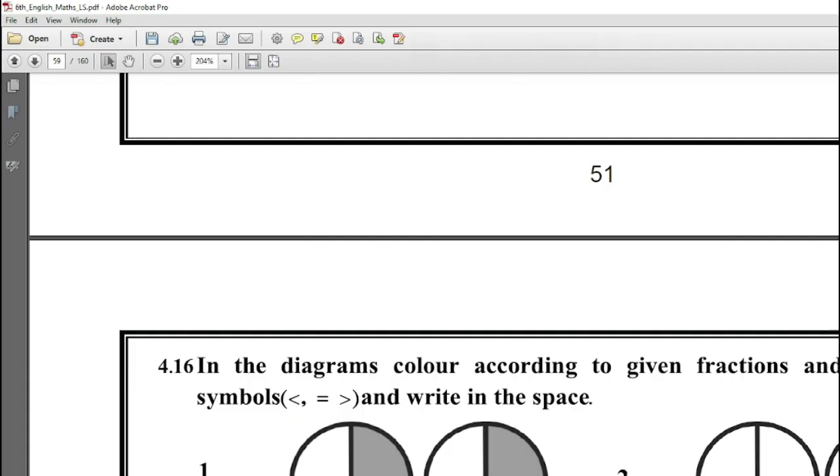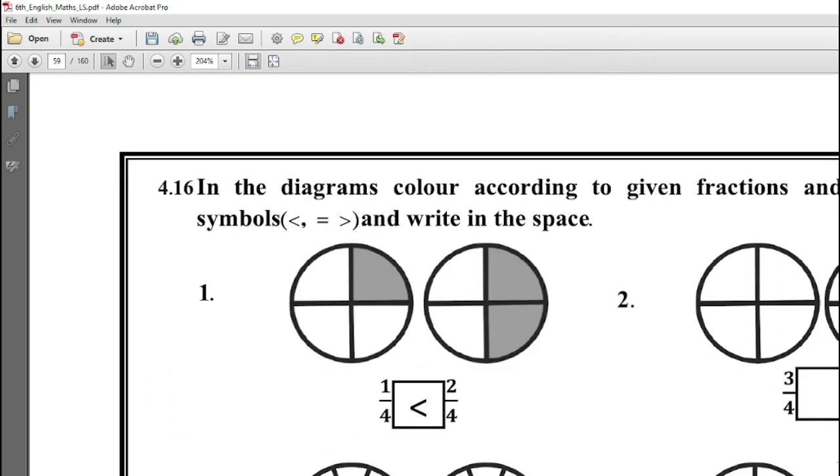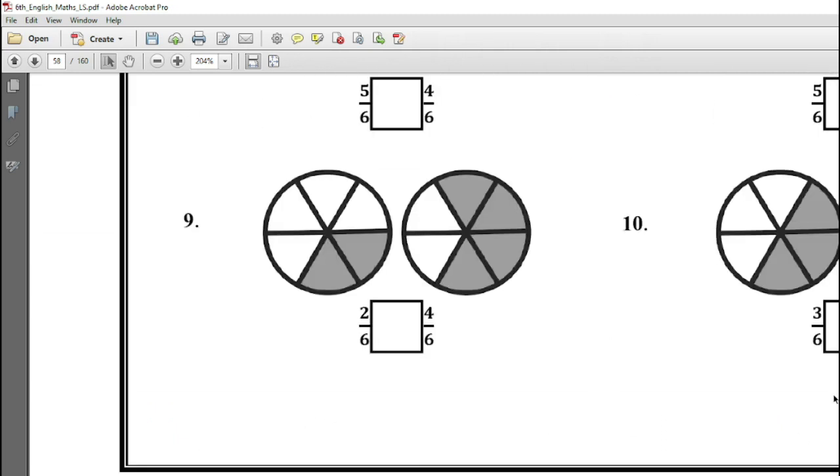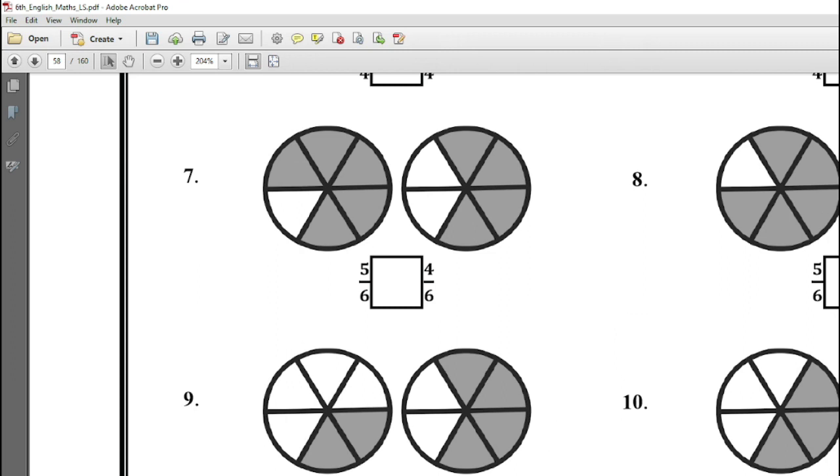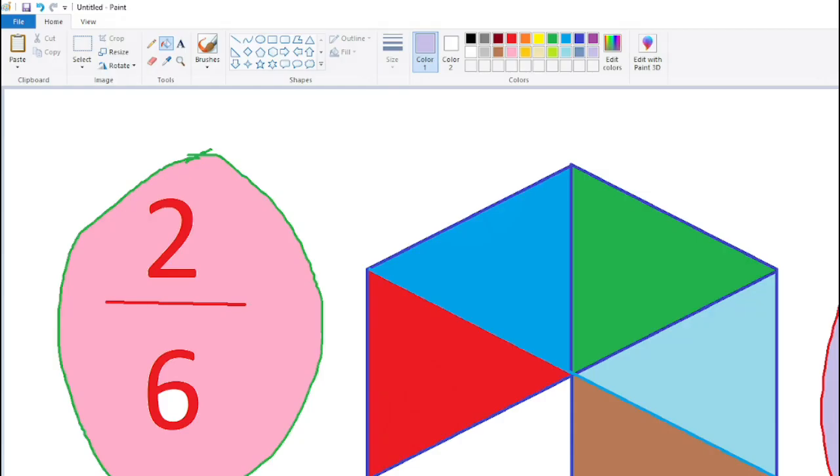Here 5 by 6 is larger, and here see 3 by 4 and 2 by 4, and here look 5 by 6 and 2 by 6. So here 5 by 6 is greater and 2 by 6 is smaller. If the numerator is smaller, the fraction becomes smaller. If the numerator is greater, the fraction becomes greater.